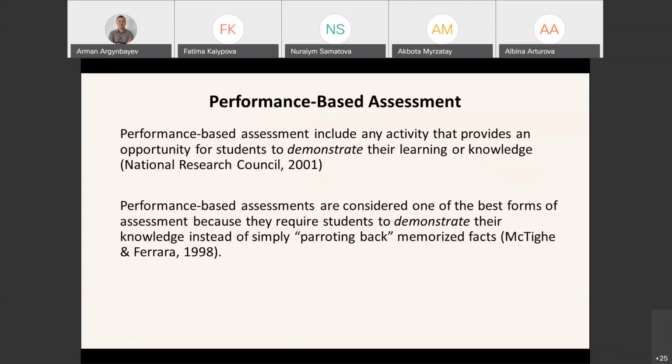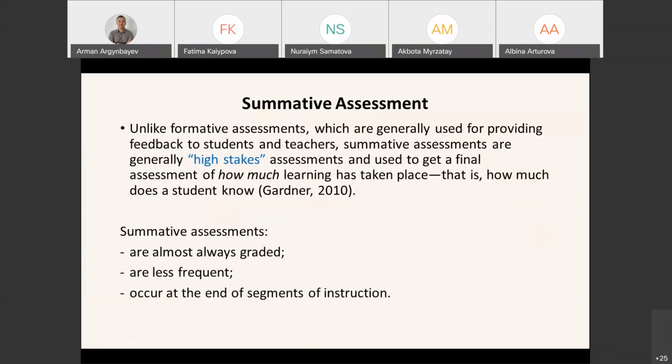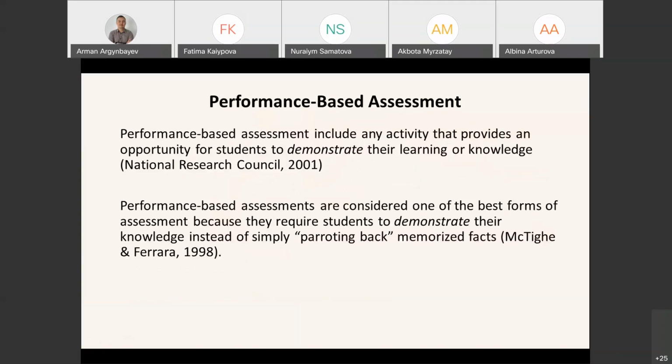Okay. Performance-based assessments is a kind of summative assessment, and it's very popular nowadays. Here is the definition. On the top, performance-based assessment includes any activity that provides an opportunity for students to demonstrate their learning and knowledge.